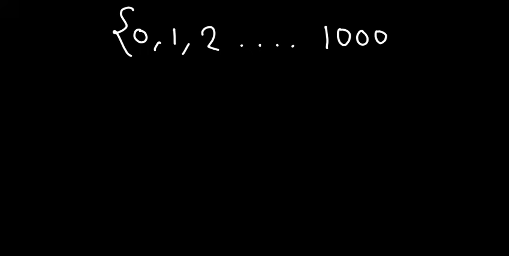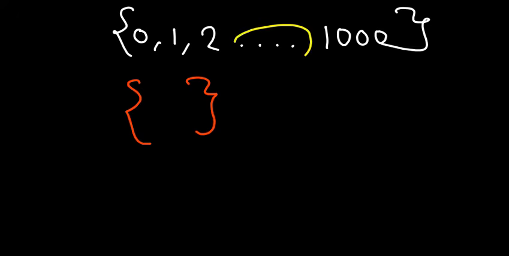Now let's end with two interesting examples. Consider a case where you have 0, 1, 2, and then, for argument's sake, 1000. And then consider a case where you have an empty set. Are these two sets finite or infinite? Starting with the first one, we know the way the set is moving.